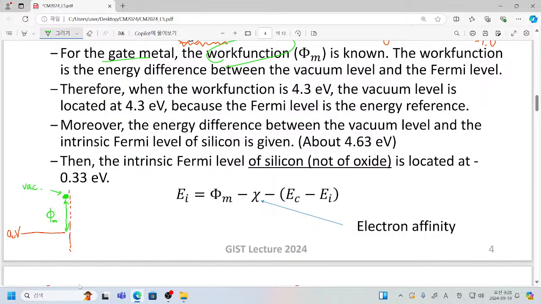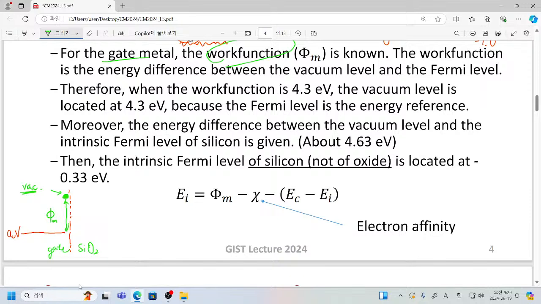This is a gate metal, and here we have silicon dioxide, and now we have the interface between these two materials. However, even in that case, vacuum level is free from the restriction of our material.